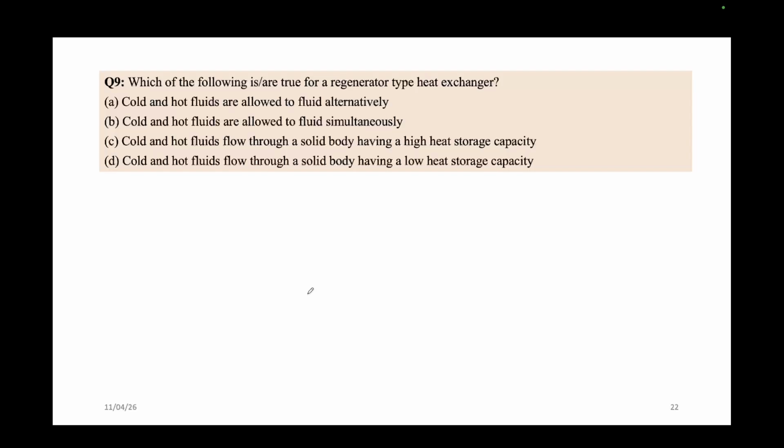But in the case of a regenerator heat exchanger, the heat is temporarily stored in a body. If I have to give a real life example, it is quite tough, but still I am giving you an example here.